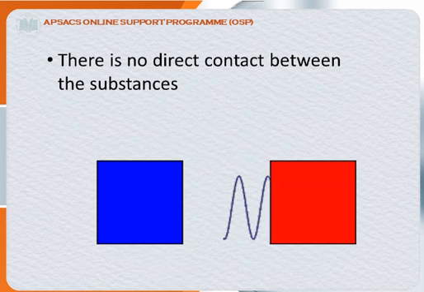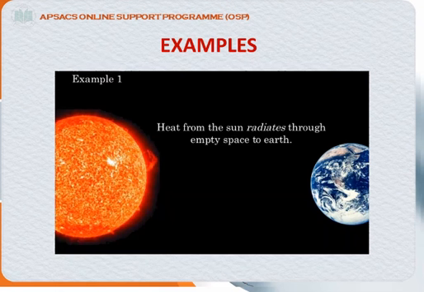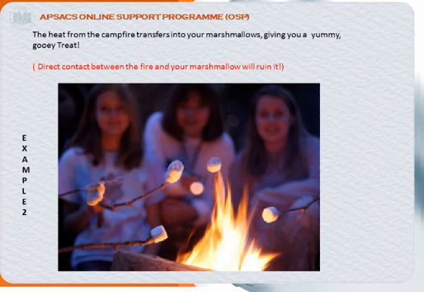There is no direct contact between the substances, which means in the radiation process there is no need of direct contact between the substances. Example number 1 is: heat from the sun radiates through empty spaces to earth, which means the sun emits heat energy through the rays. Example number 2: the heat from the campfire transfers into the marshmallows, giving you a yummy and gooey treat. Direct contact between the fire and your marshmallow will ruin it.